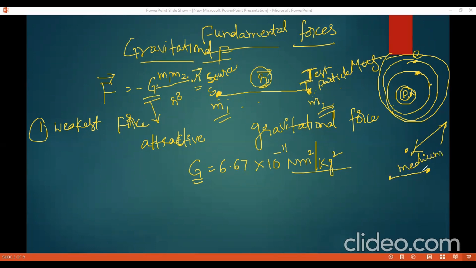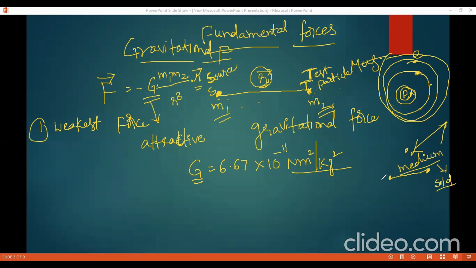Medium means whatever exists between the first particle and the second particle. That medium may be a solid, liquid, or gas, right? So these are the things that may be media. Whatever the medium may be, it is always independent of the medium.